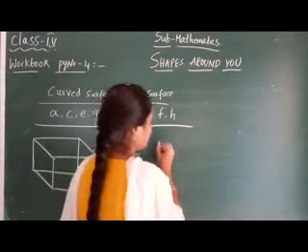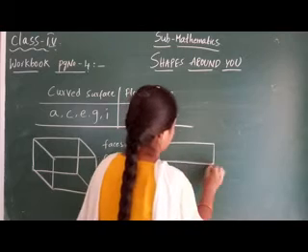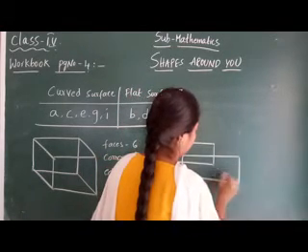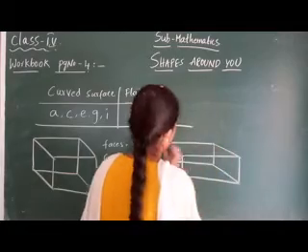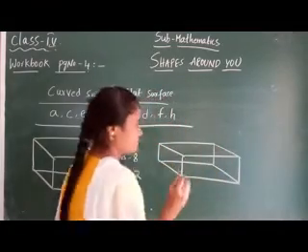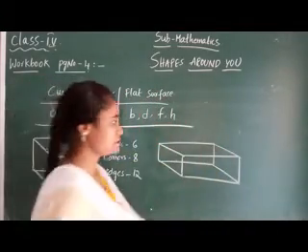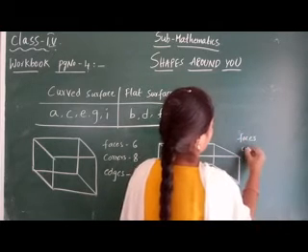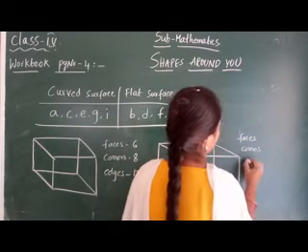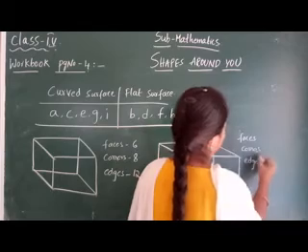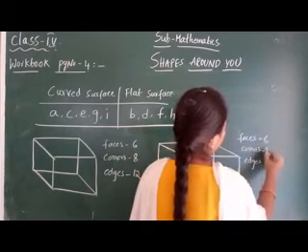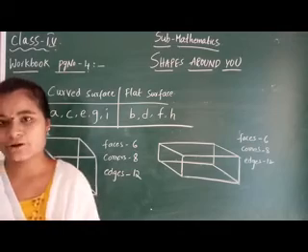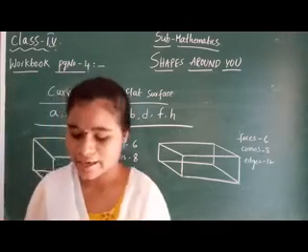In cuboid, see, faces, corners, edges. In cuboid, 6 faces, 8 corners, 12 edges. Same, 6 faces, 8 corners and 12 edges.